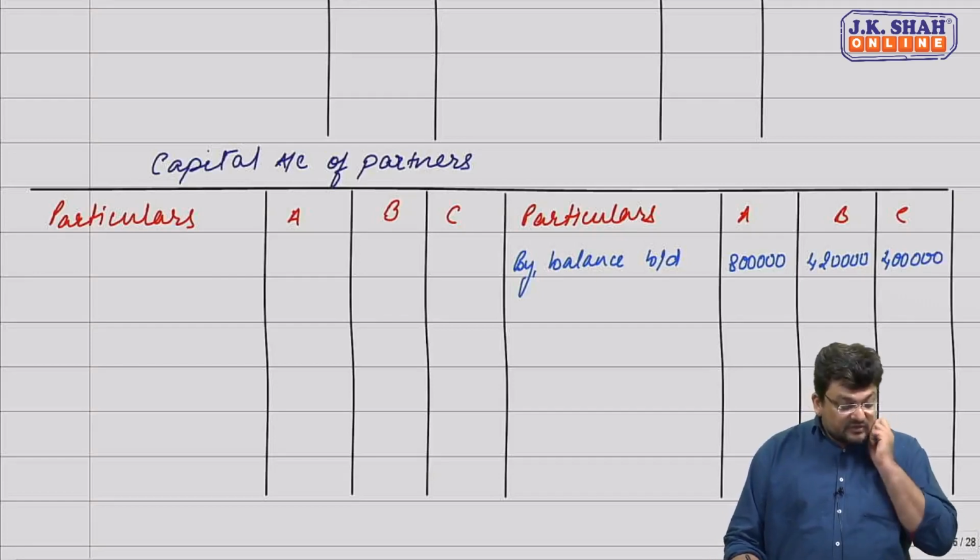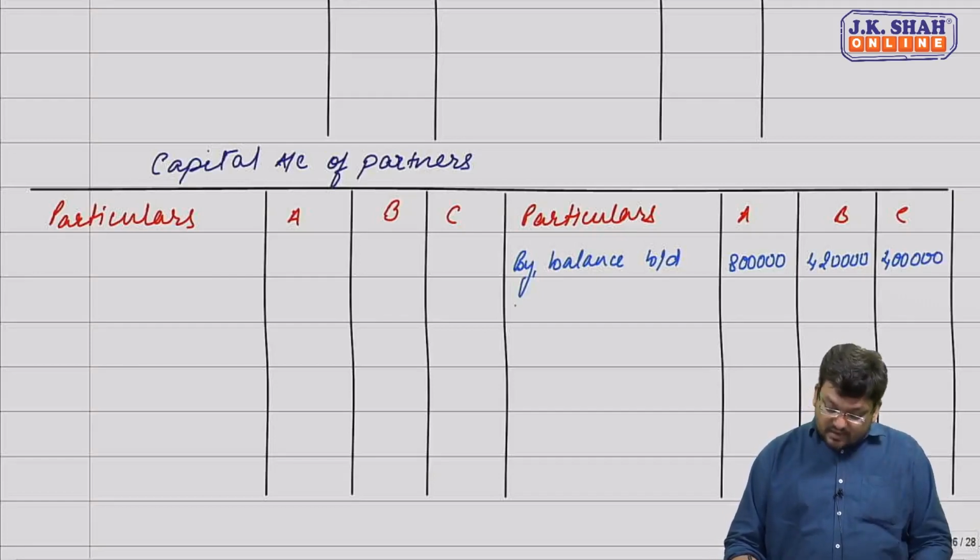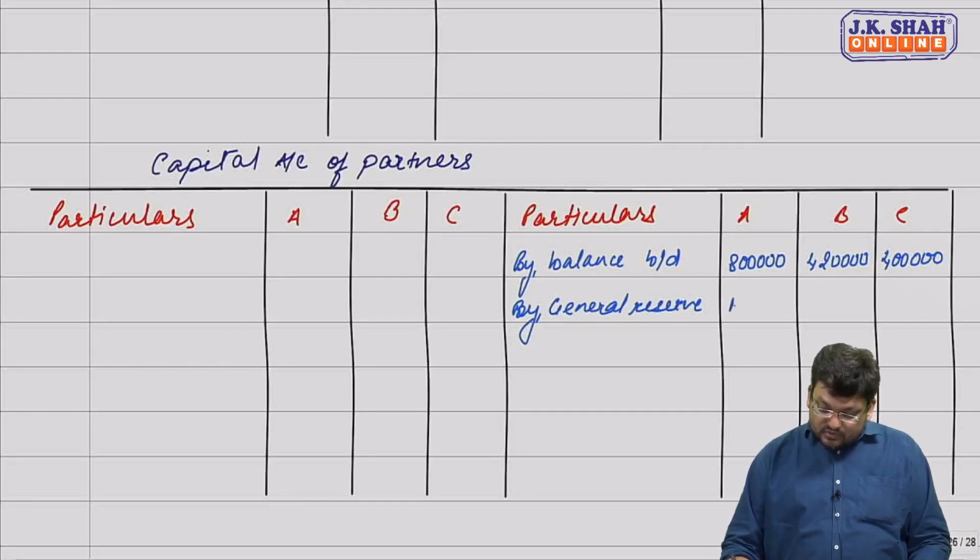We are then given general reserve 3,60,000 in balance sheet. Even that general reserve will be distributed among partners in their profit sharing ratio. General reserve of 3,60,000 will be distributed in the ratio 3:2:1. So it will be 1,80,000, 1,20,000 and 60,000.